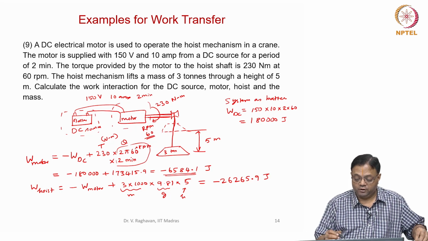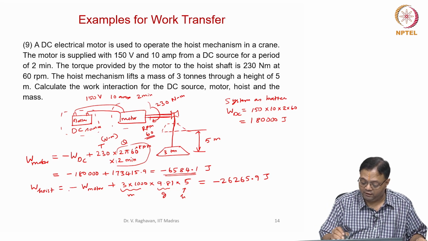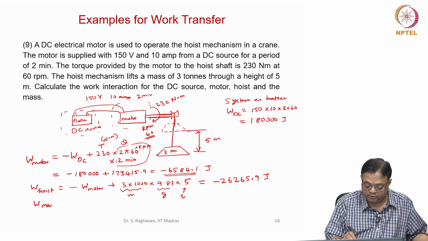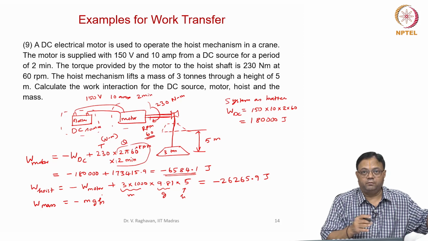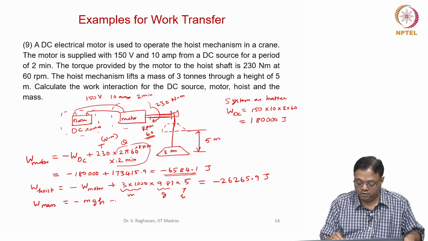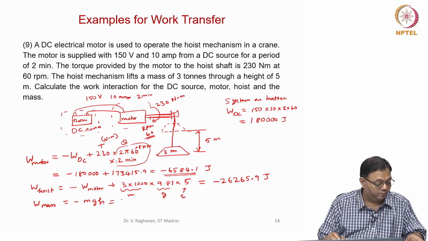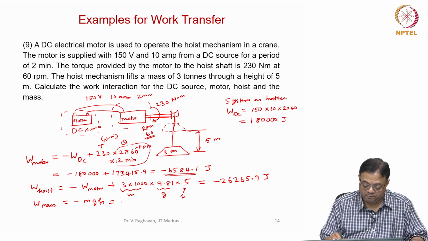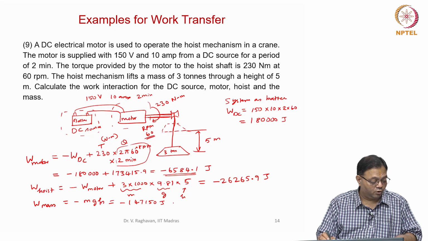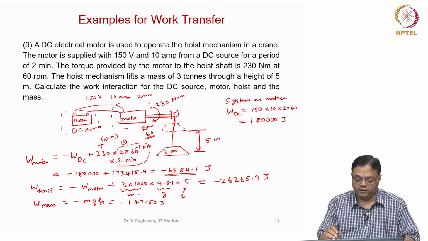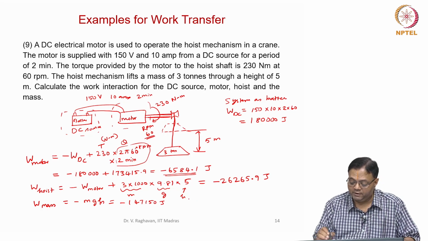And finally I get work for the mass is equal to minus mgh. It doesn't do any other work, it just is being carried up by the hoist. So that will be minus 147,150 joules.